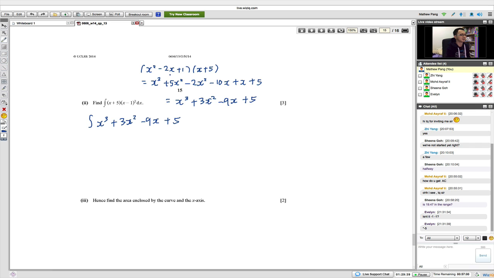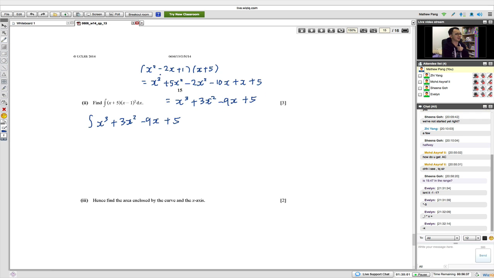Negative 10x. This is x plus 5, right? You say you will get negative x. Let me just double check this one.